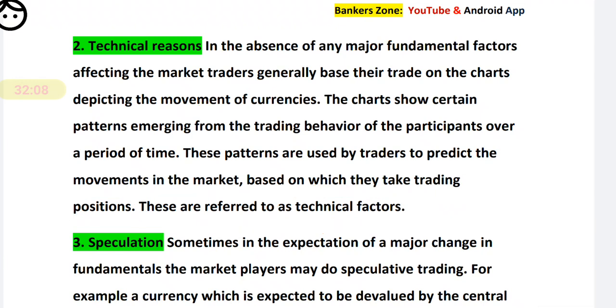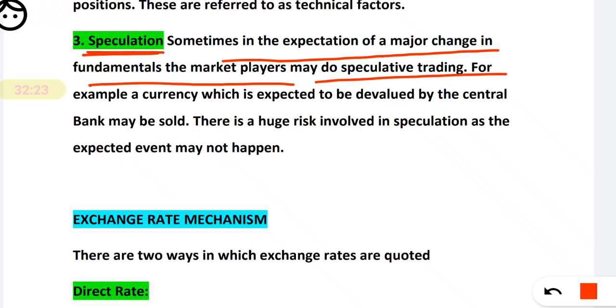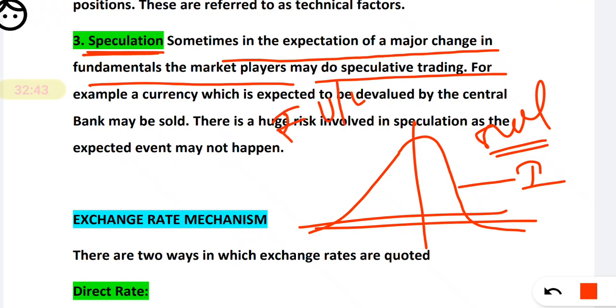Okay, next is the speculation. Now speculation, the name itself is self-explanatory. Sometimes in the expectations of a major change in the fundamentals, the market player may do speculative trading. That means, for example, suppose the situation in USA is not stable, the government is changing or they are taking some decision, like they are planning to attack Iraq or Iran, or say USA or Russia has withdrawn their military from Afghanistan, so definitely it will affect the Afghani currency as well as the dollar currency.